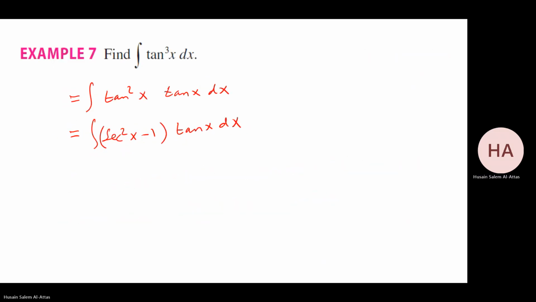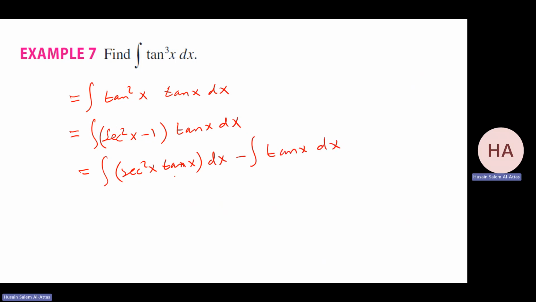Now that will be easy. Secant squared x times tan x dx, minus the integral of tan x dx. Let me write it the way it's written here. In this one, this is u, this is du.